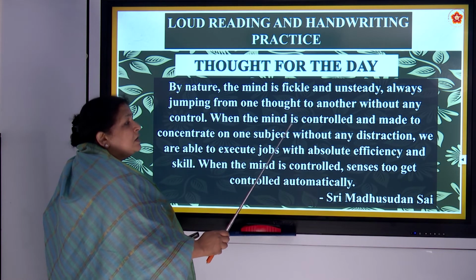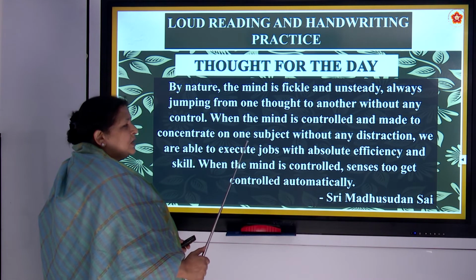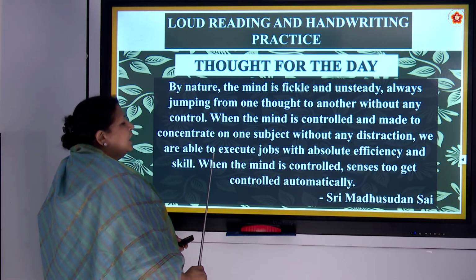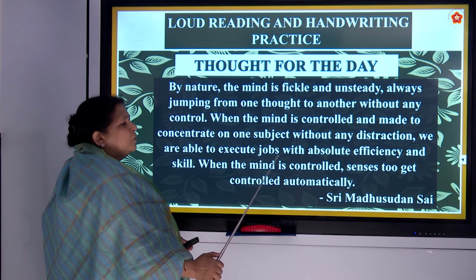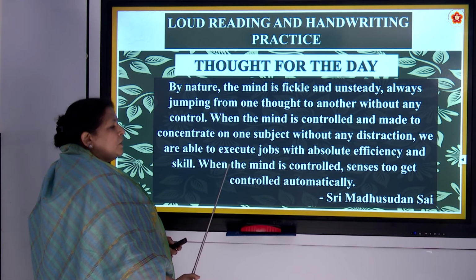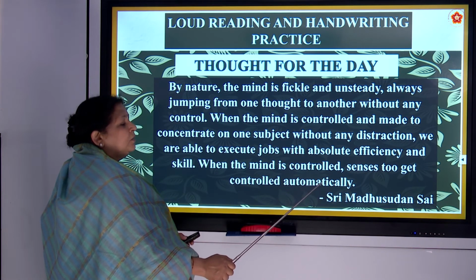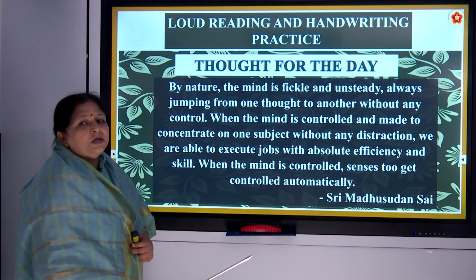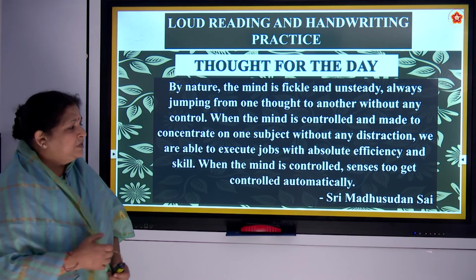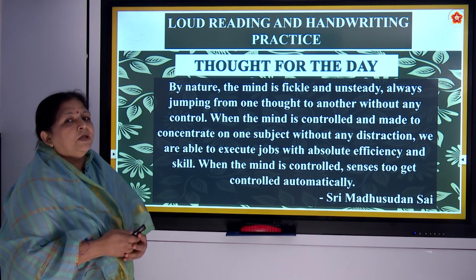When the mind is controlled and made to concentrate on one subject without any distraction, we are able to execute jobs with absolute efficiency and skill. When the mind is controlled, senses too get controlled automatically. By Sri Madhusudan Sai. So correct spellings, correct capital letters of Sri Madhusudan Sai also, and very good handwriting.